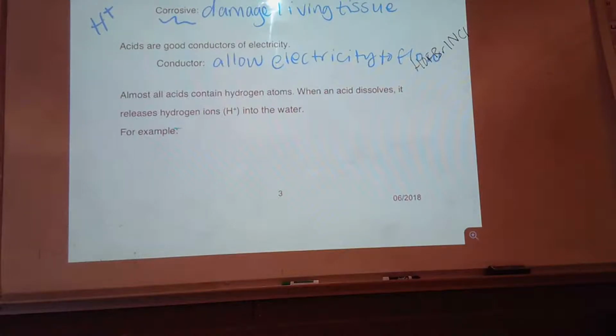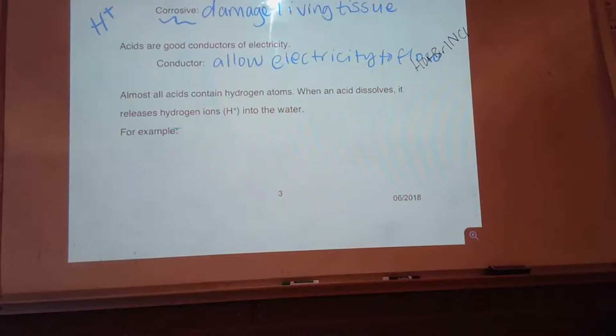Okay, so does anyone have any idea why acids will allow electricity to flow? Protons in it? Protons, yeah, I like that answer.